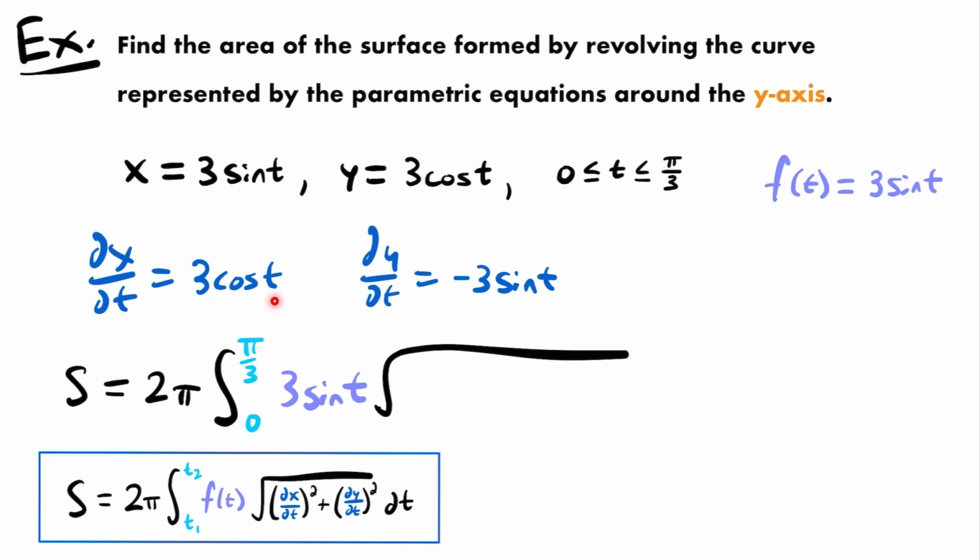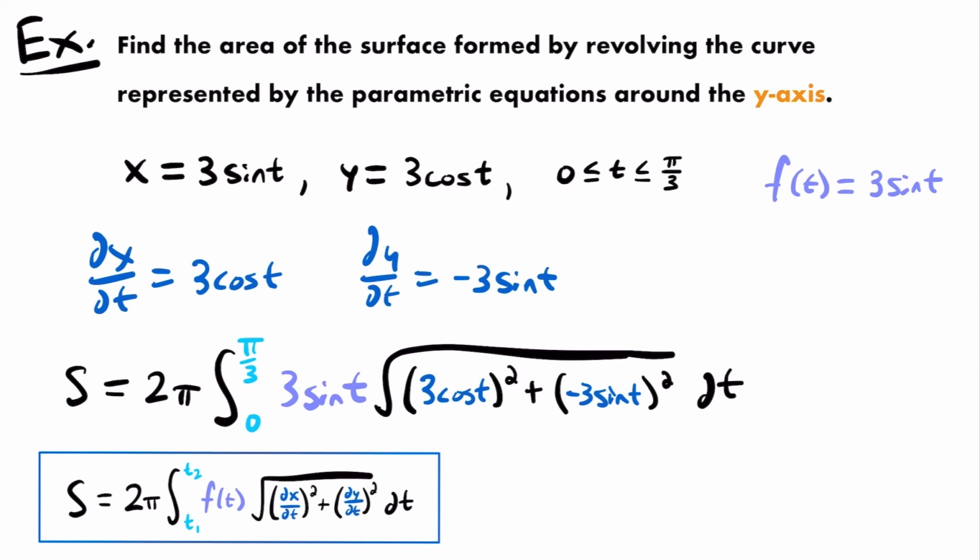So dx dt is 3 cosine t and dy dt is negative 3 sine t. So we will have 3 times cosine t squared plus negative 3 sine t squared dt. Okay, so now we have set up our integral that will calculate the area of our surface of revolution.